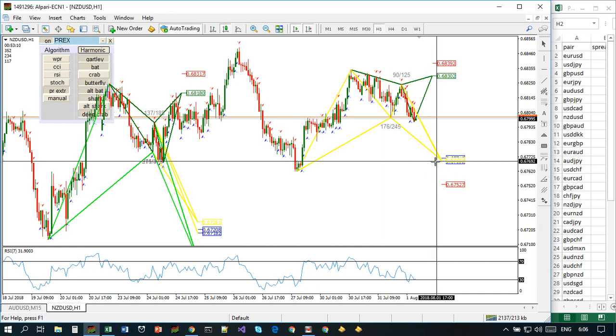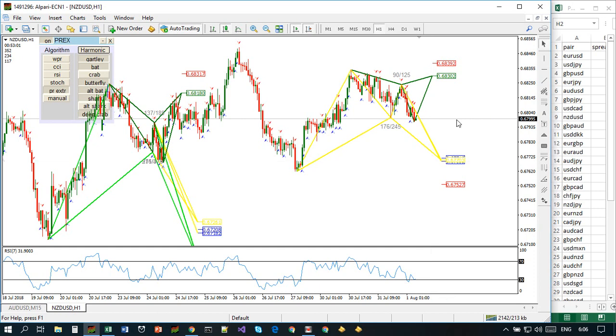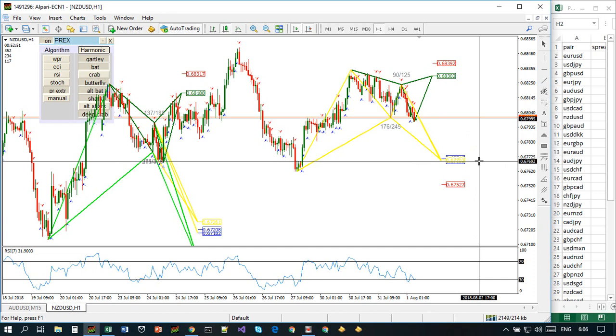Possibility number two, initial reaction or type 1 reaction. So at least to 382 bounce to the upside. And possibility number three, after we have a good type 1 reaction and we hit the 382 and price comes back to retest the zone. Here we have a make or break level.